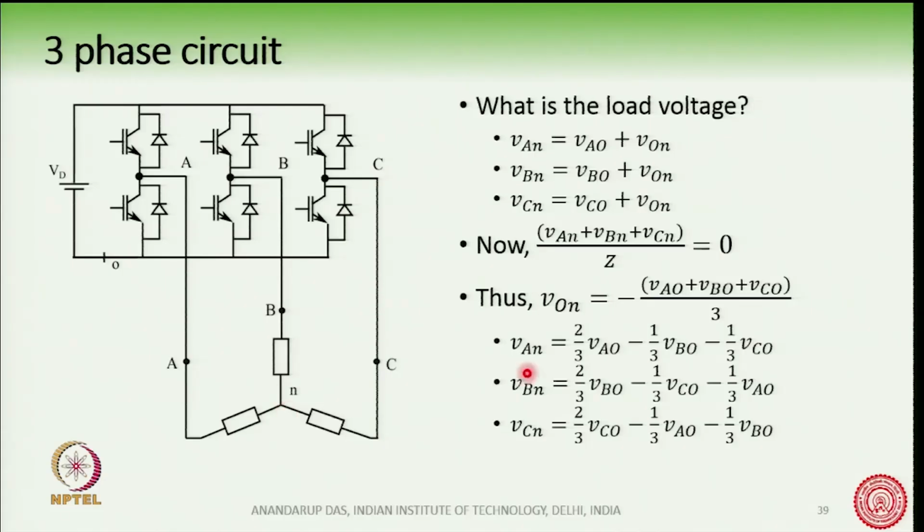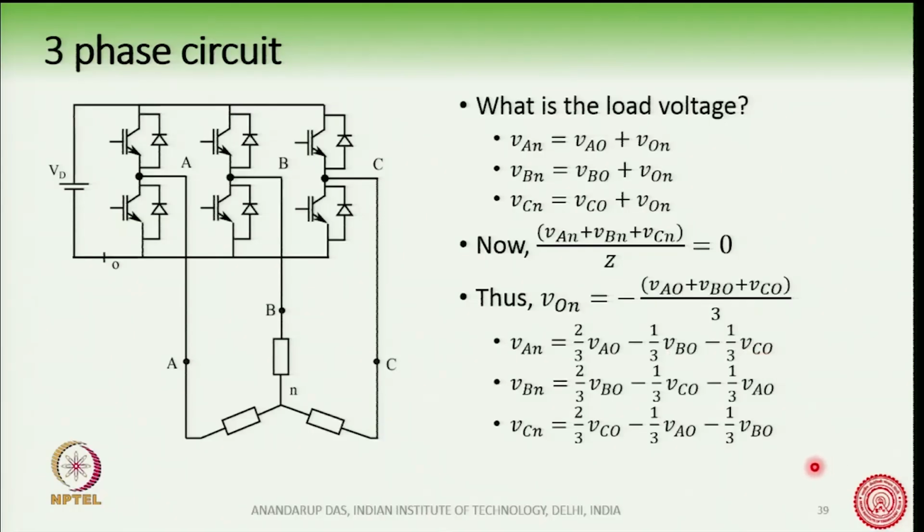So, we can also find out the instantaneous voltage expressions of these phases A, B and C. By substituting VON here, we can see that VAN is 2/3 VAO minus 1/3 VBO minus 1/3 VCO.